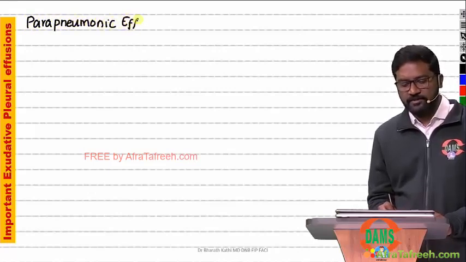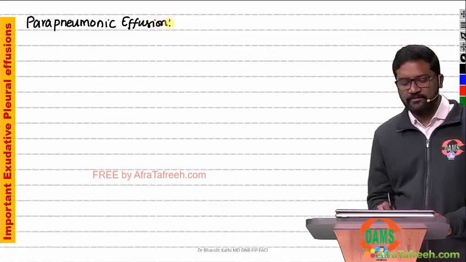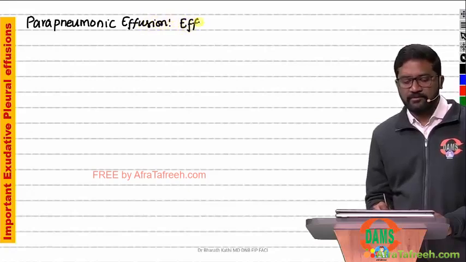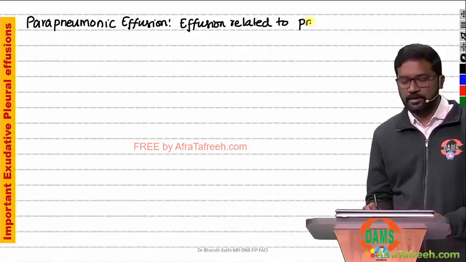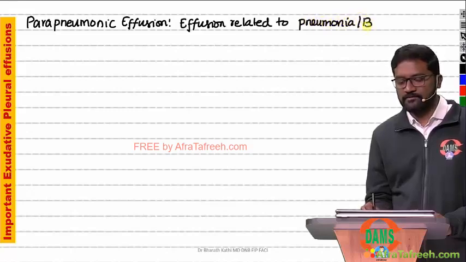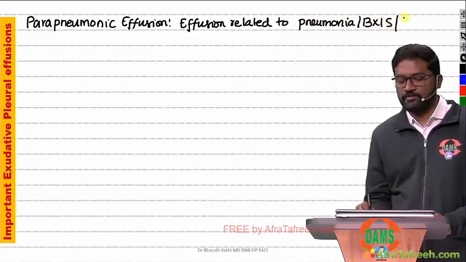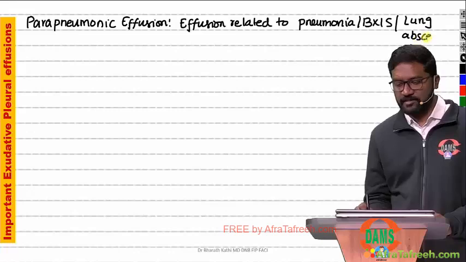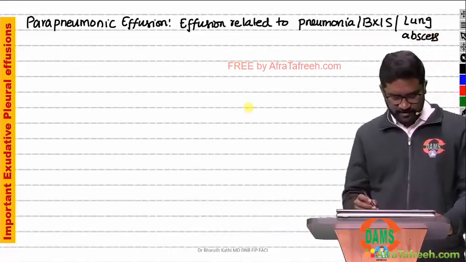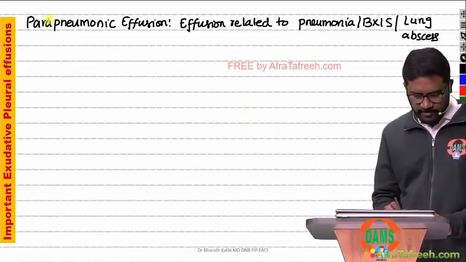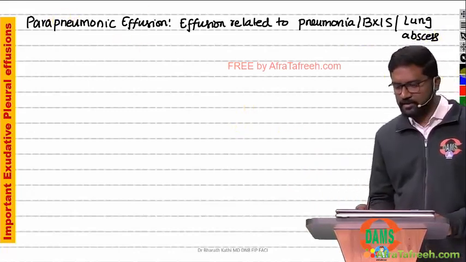The textbook definition of parapneumonic effusion will be effusions related to pneumonia, bronchiectasis, lung abscess. So whenever there is an infective manifestation in the lung and it is responsible for a pleural effusion, the broad term is called parapneumonic effusion.